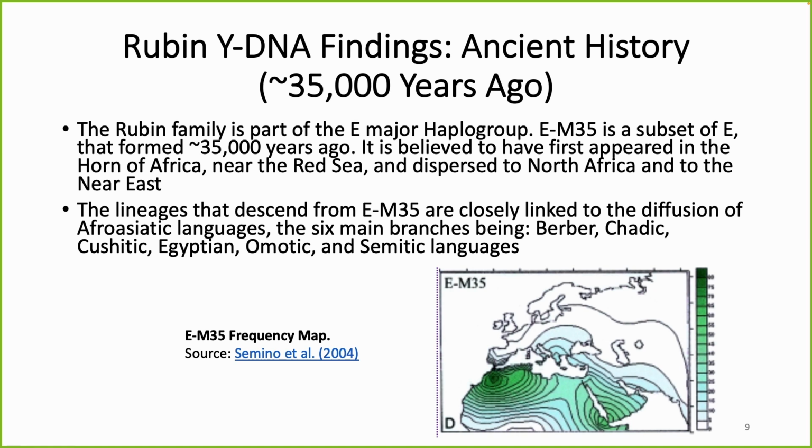Cushitic, Egyptian, Omotic, and all Semitic languages can be traced from ancestors who were part of potentially EM35. Again, these are where the Afro-Asiatic language branches were, and EM35 and where the descendants went track very closely with that.